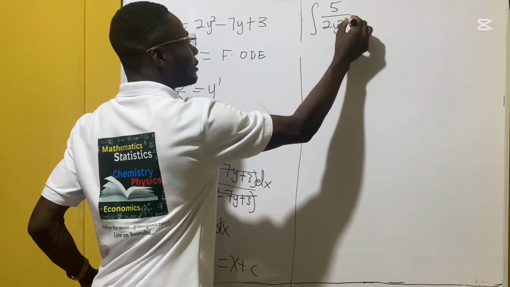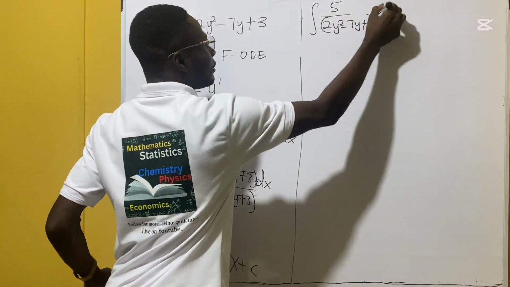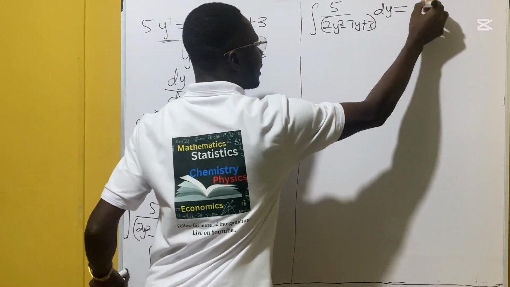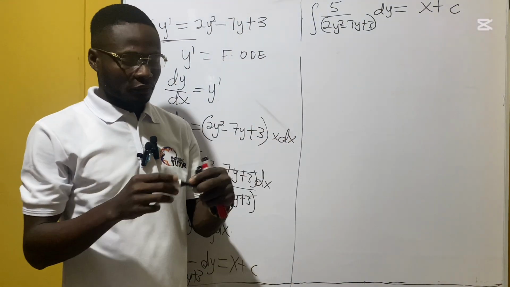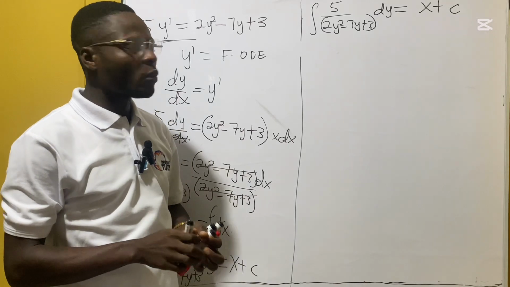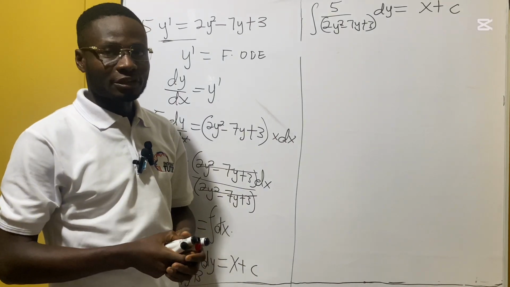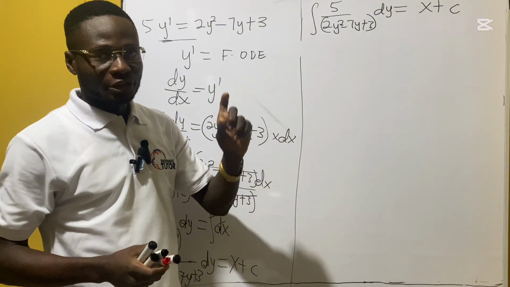The integral of 5 over 2y squared minus 7y plus 3 dy is equal to x plus c. Before we can integrate this, we have to apply what we call partial fractions. We have to integrate this using integration by partial fractions.